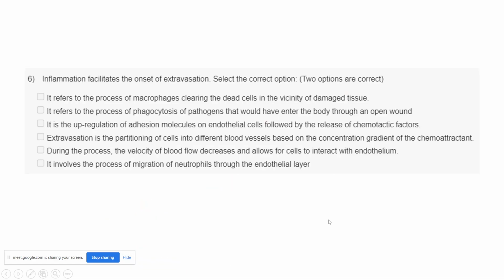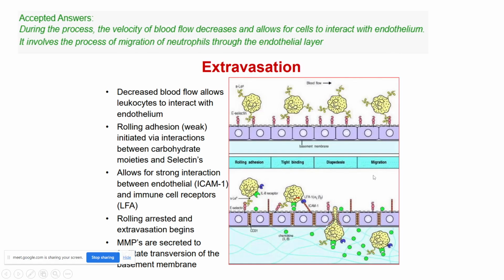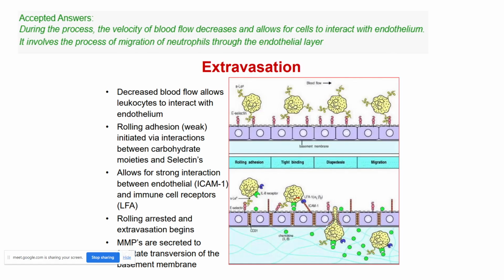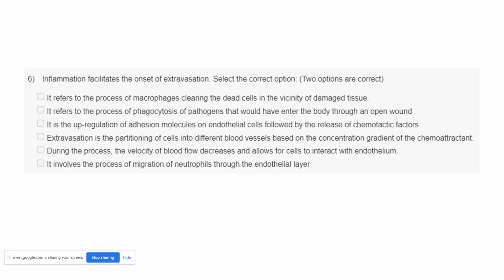But before this, there is upregulation of adhesion molecules on endothelial cells, followed by release of chemotactic factors. I don't know if they'll give you correct for all these three options, but yeah, these three options are correct. Third, fifth, and sixth.